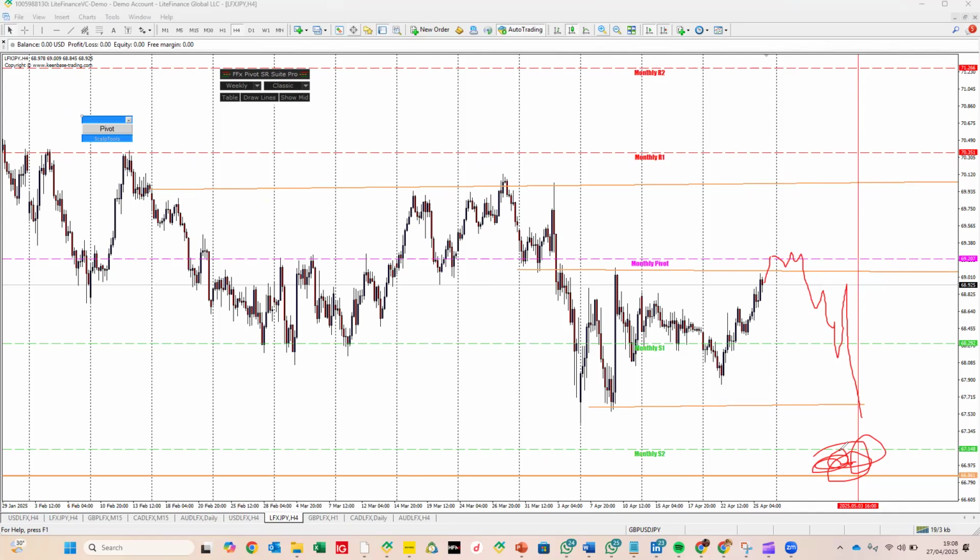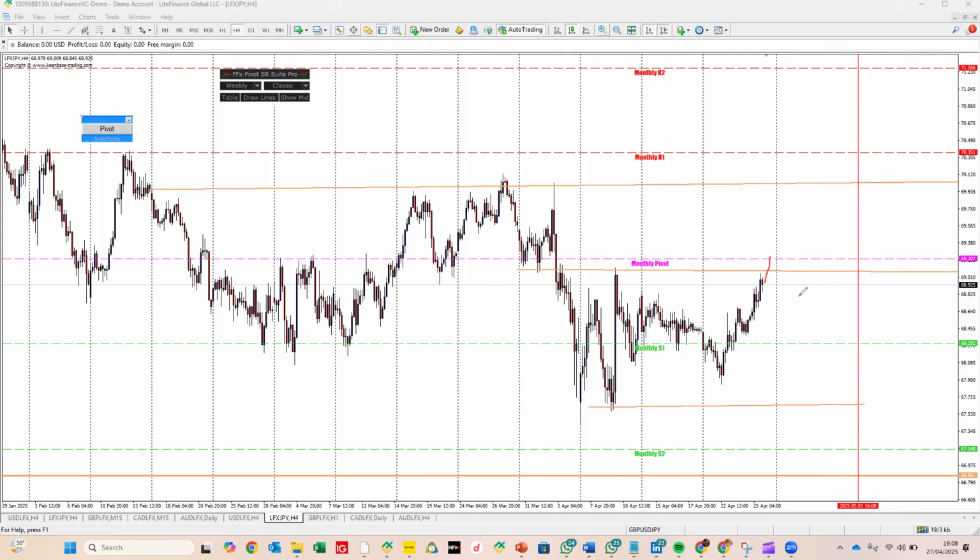So for me, I'm expecting a bullish yen, but the bullish will be decided if price gets here and then reverses. But if it gets here and then reverses, it means that we want to get to this point before it reverses. And so I'll keep an eye on this level and also follow up on the fundamentals surrounding the yen to know whether it is going to be weak up to this point, or once it gets here, it's going to start becoming strong.